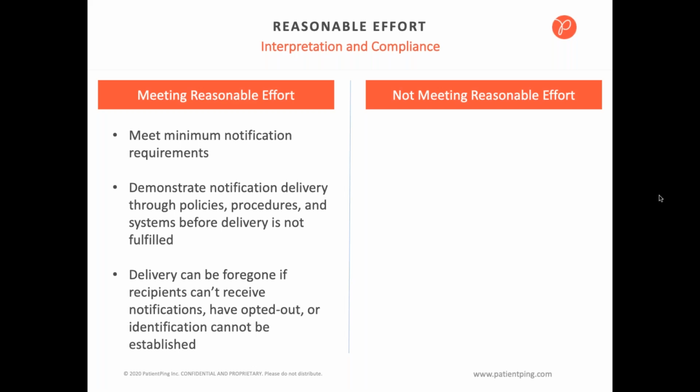So to do that most efficiently and in the least burdensome, and arguably in the most reasonable way, is for hospitals, either directly or through their intermediaries, to implement policies, procedures, and systems that can both respond to notification requests from the eligible recipients made on behalf of their patients, and that can also demonstrate that notifications can be sent to those recipients. In that way, hospitals can credibly demonstrate and fulfill that notifications are indeed sent to the set of recipients specified within the rule, and through that, check that compliance box.